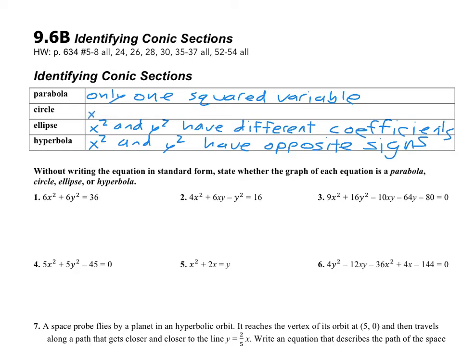And circles, x squared and y squared have the same coefficient. Now the book teaches a different way to do it, but I think this way is much easier and it doesn't involve having to do any math.